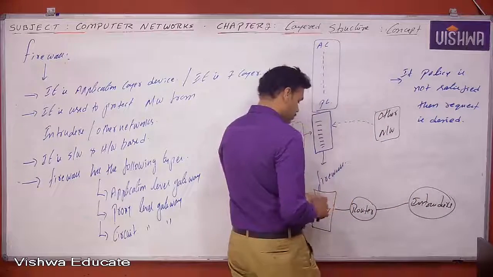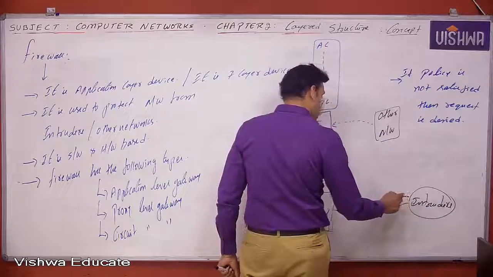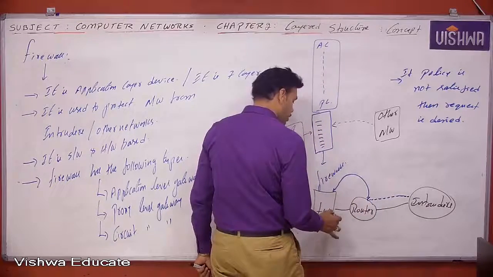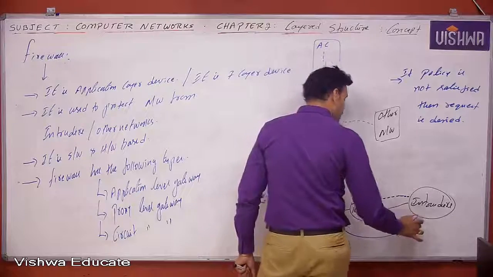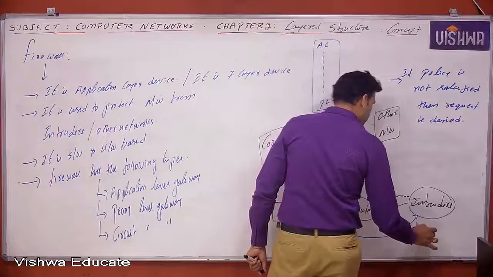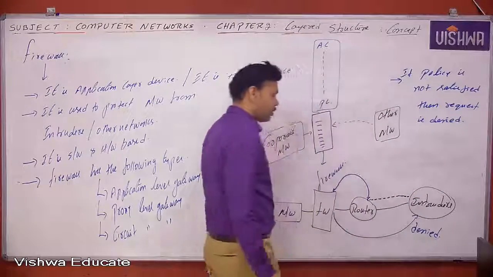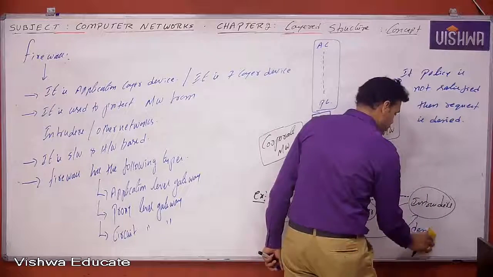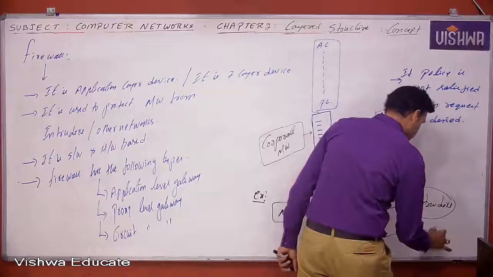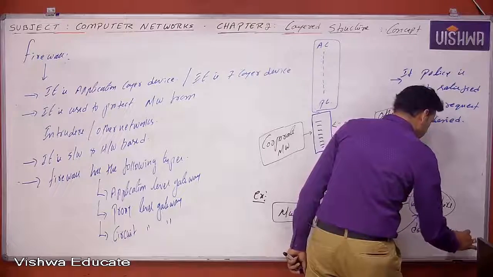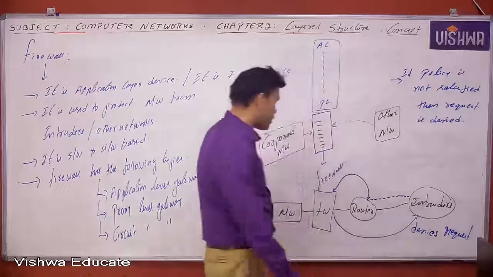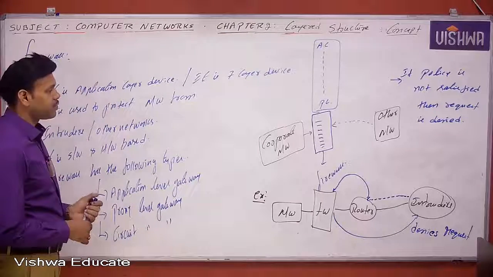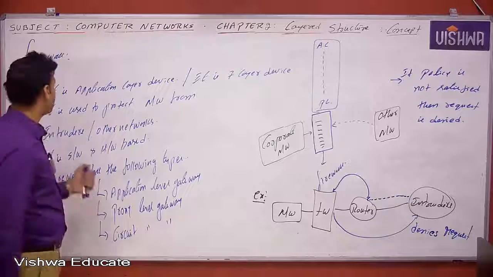They can come up to the router, but when they try to enter the firewall, the firewall is going to deny the request which is coming. This is how the firewall protects our networks from intruders. Okay friends, copy.